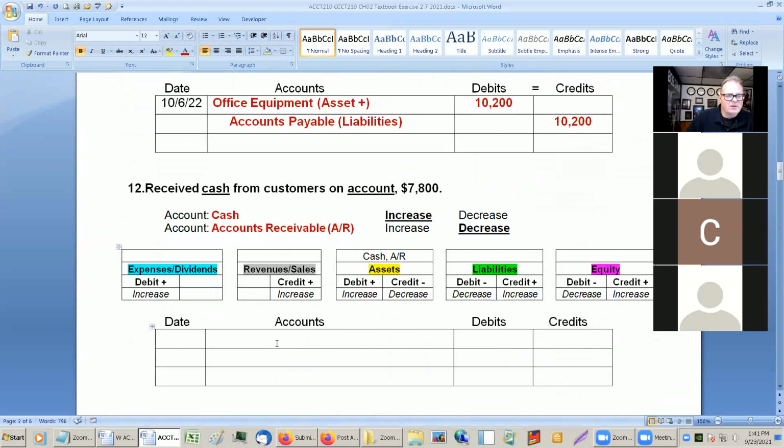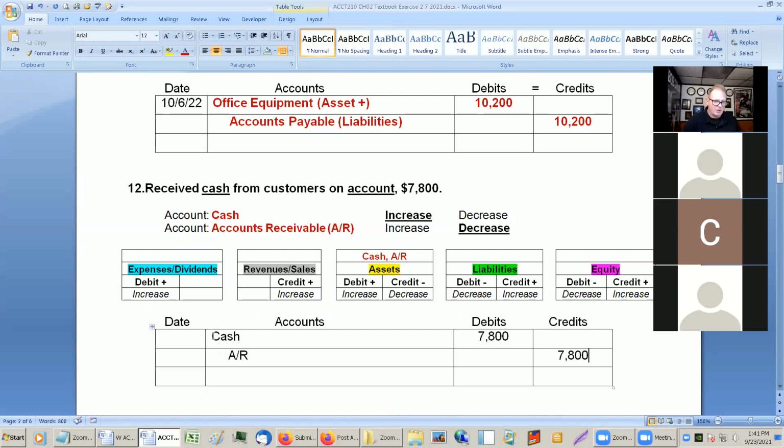So for this one, cash is going up. So it'll look like this. That's fine. Accounts payable and accounts receivable, you'll often see abbreviated.